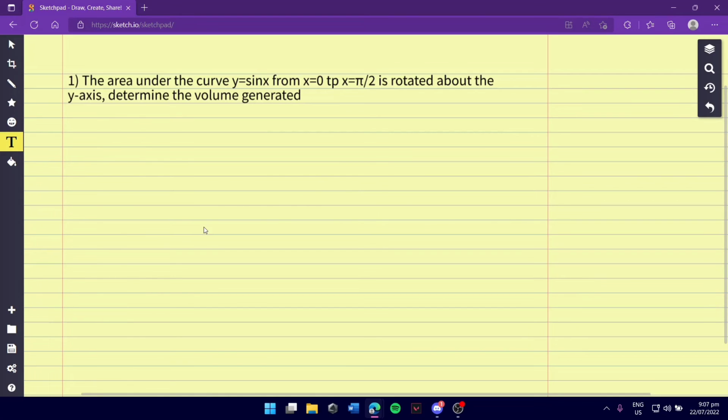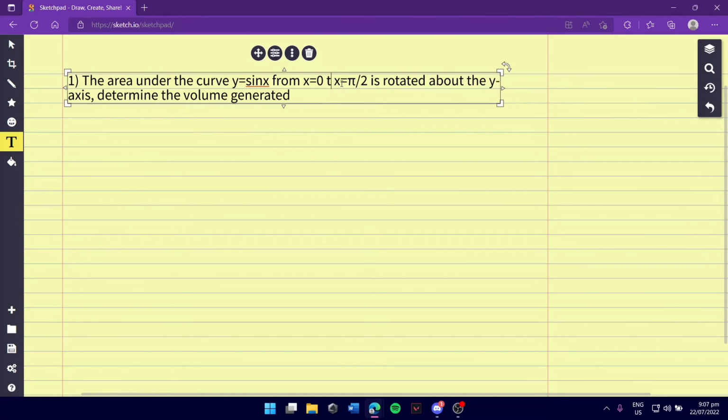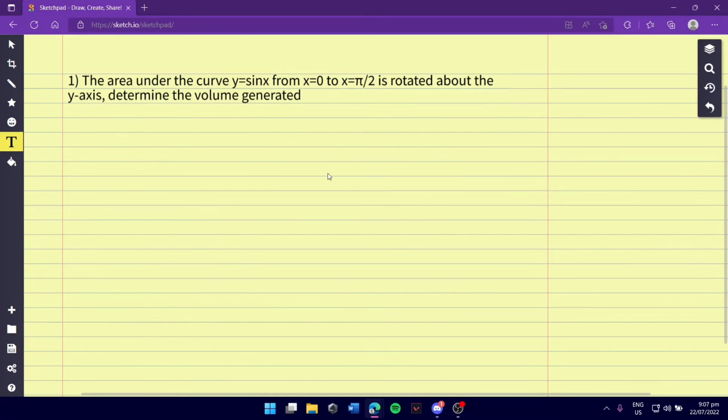For your example number 1, using the shell method, we have the area under the curve y equals sine x from x equals 0 to x equals pi over 2, rotated about the y-axis. So determine the volume generated. So for your solution, let us first graph.